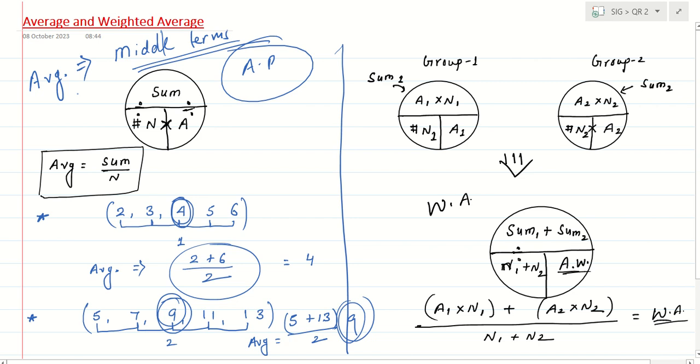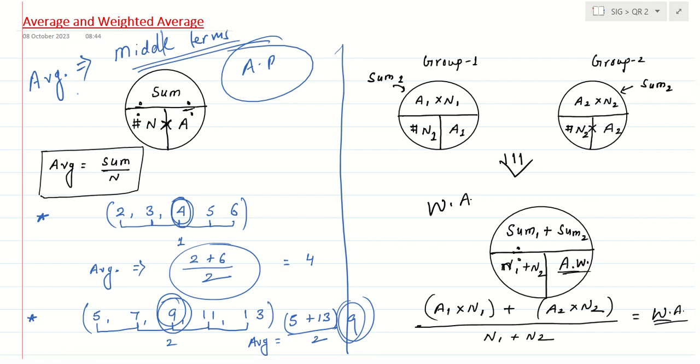That makes sense overall: the difference between average and weighted average, and also how to find the average when the terms are in arithmetic progression. I can find the average easily by choosing the middle term or adding the first and the last and dividing by 2.